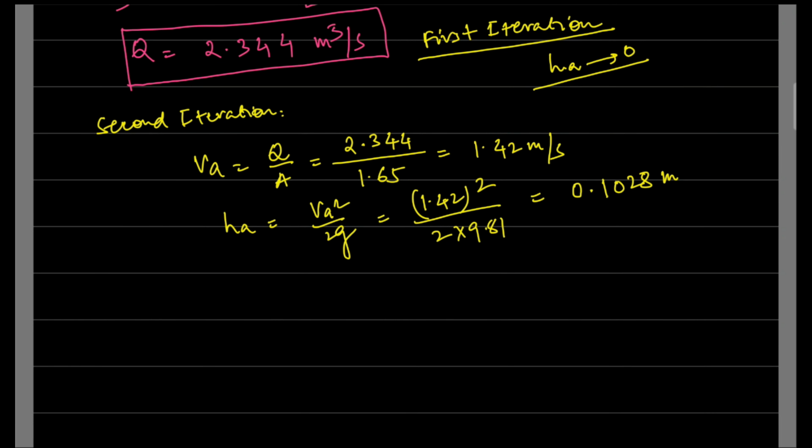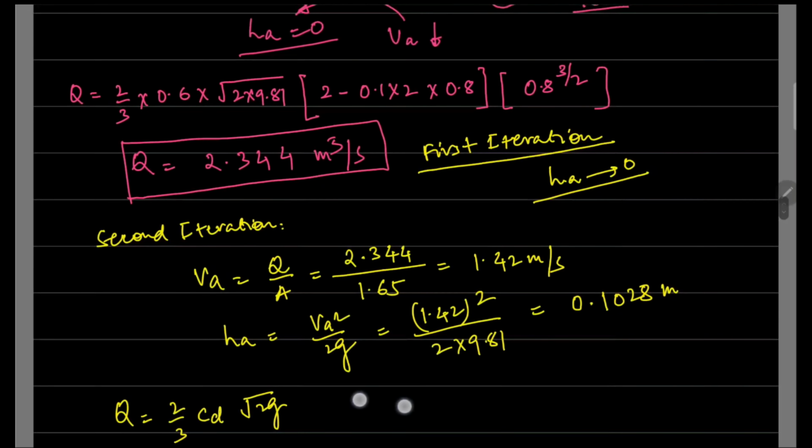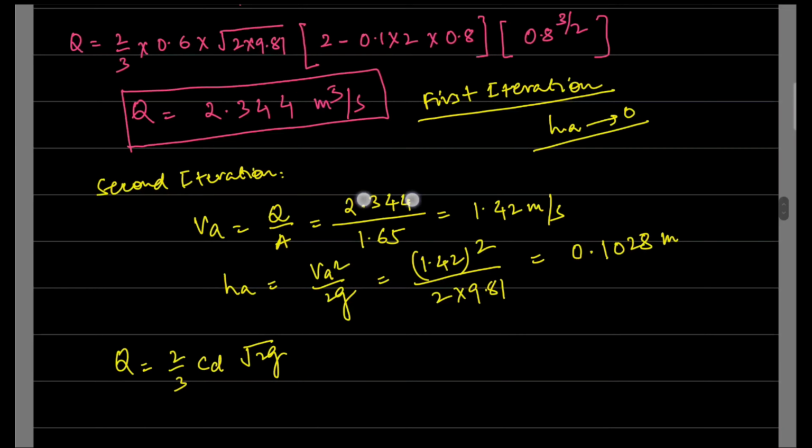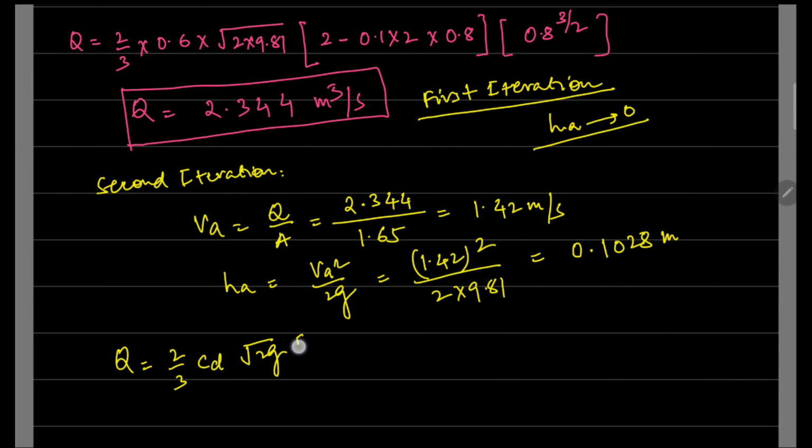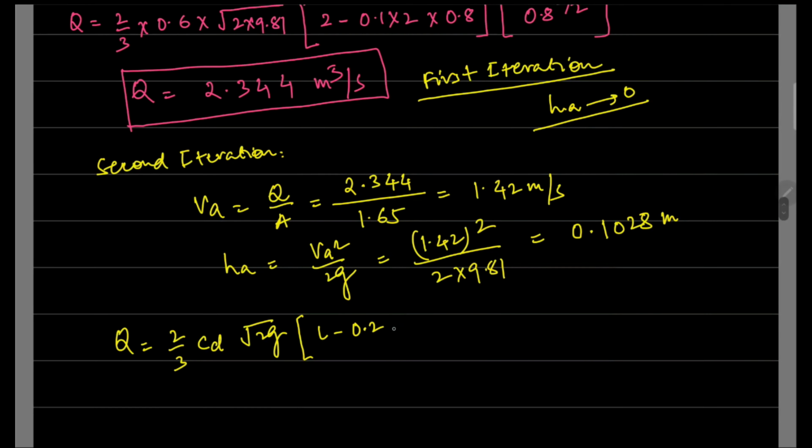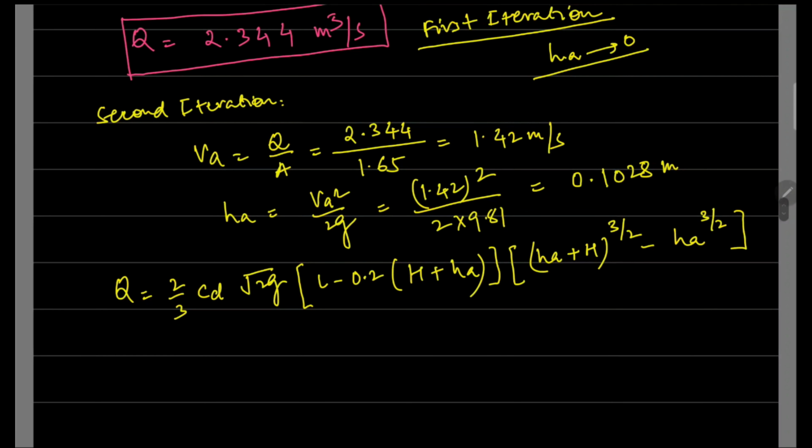Now we will use this HA value for the estimation of Q. So Q is equal to 2 by 3 CD multiplied by under root 2G, and then in brackets L minus 0.2, because 0.1 into N, multiplied by H plus HA, bracket close, and then (H plus HA) raised to the power 3 by 2 minus HA raised to the power 3 by 2. That value will give the Q value.